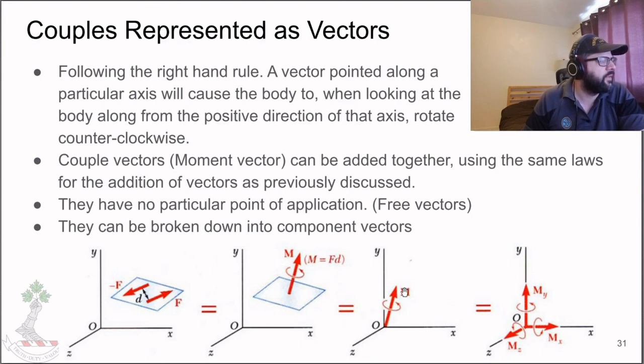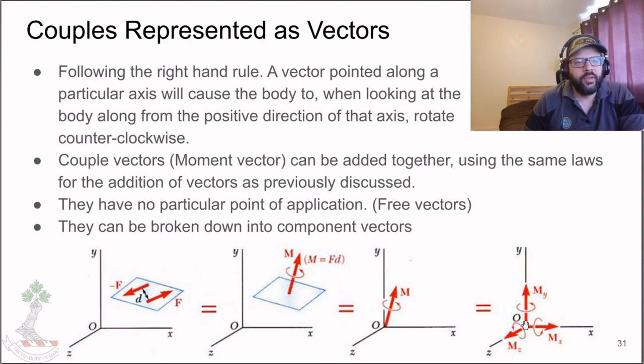So you can consider that to be a single vector with a particular orientation, or you can break it down into its component vectors, and essentially it's the same thing.